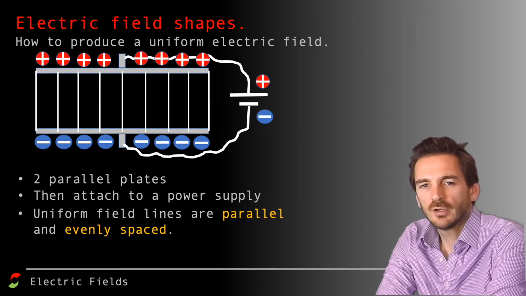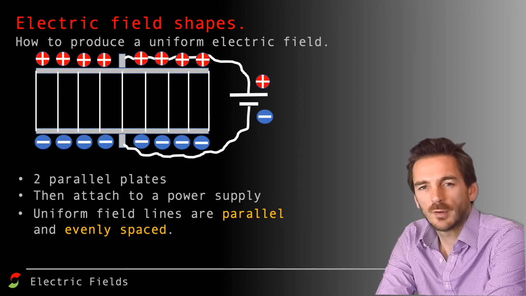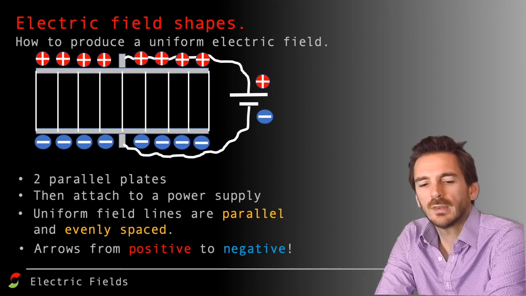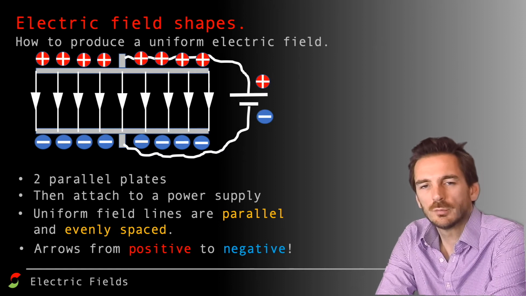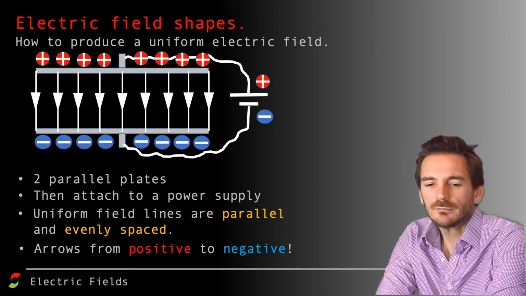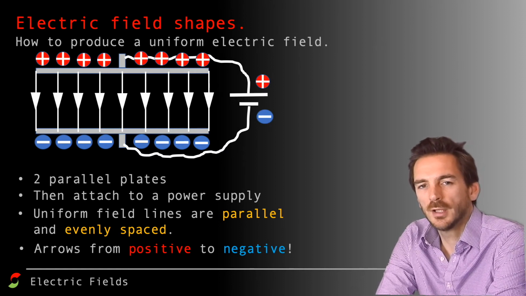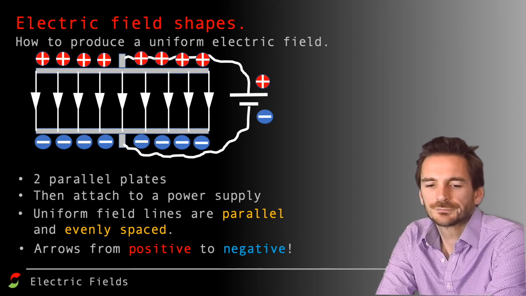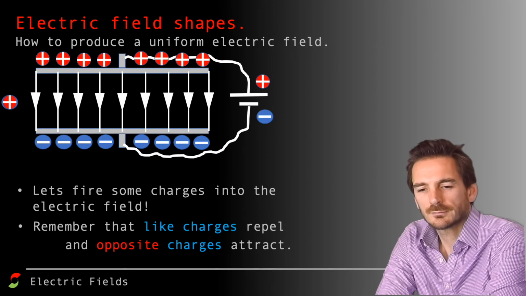Well, a positively charged object would move away from the positive plate and it would move towards the negative plate. In this example, moving downwards. So the arrows on this would point downwards. So that's a diagram of a uniform electric field.